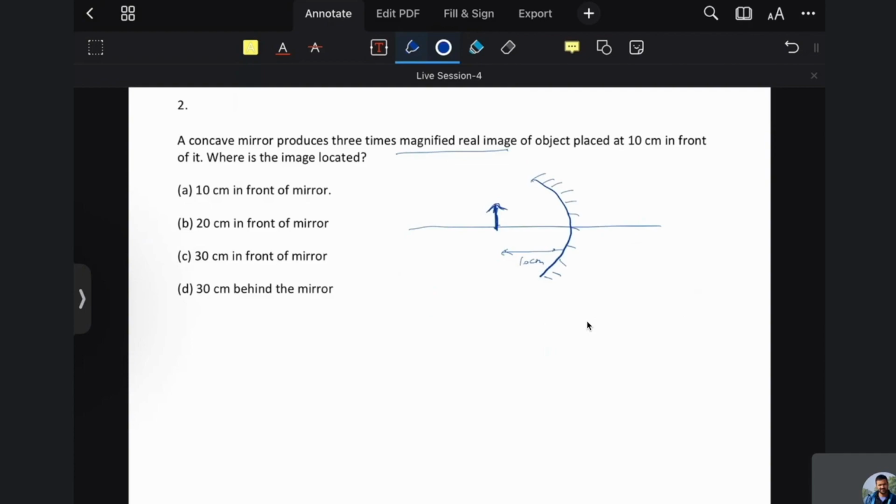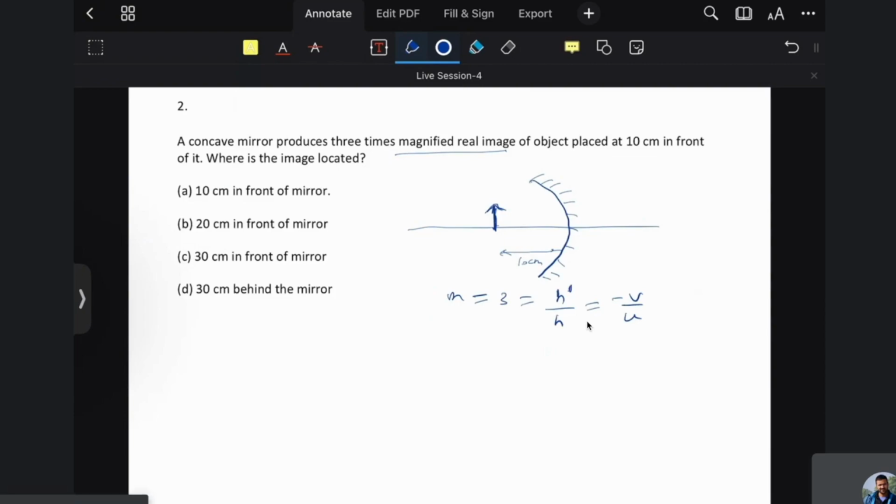Okay, so magnification is given as 3. As I have told you, the magnification formula is simply h prime by h, which is equal to minus v by u, and this is 3.